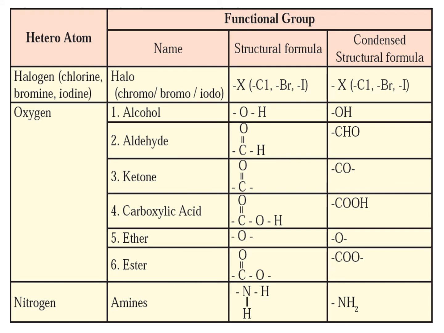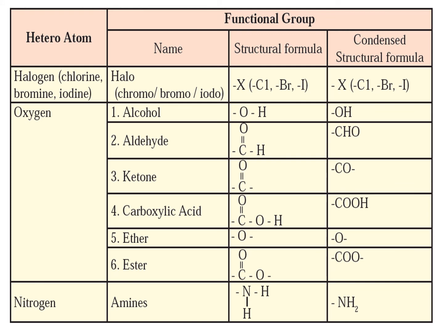Ketone is represented as C double bond O. So the carbon has two single bonds and one double bond. So ketone is CO. If it is CO, it is understood that it is a double bond. Carboxylic acid is COOH. That means one carbon is ready to join with the main parent element.